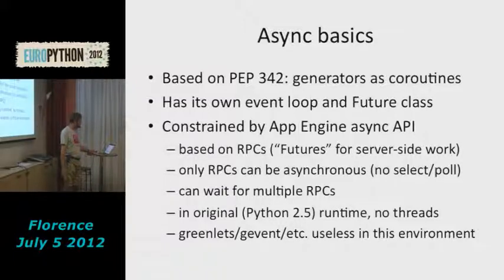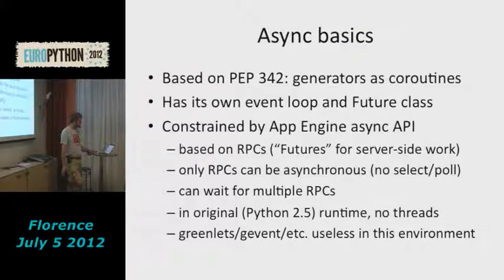So maybe I should have had a slide about what generators are. A generator is, by definition in Python, a function containing a yield statement or a yield expression. When generators were introduced, there were only yield statements. Yield could not return a value.